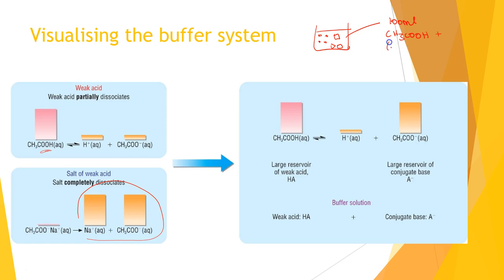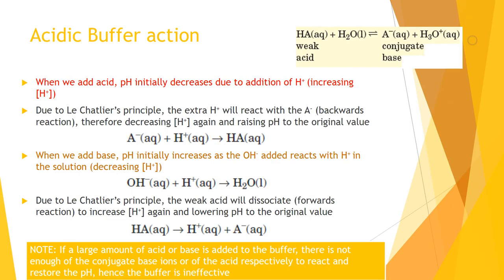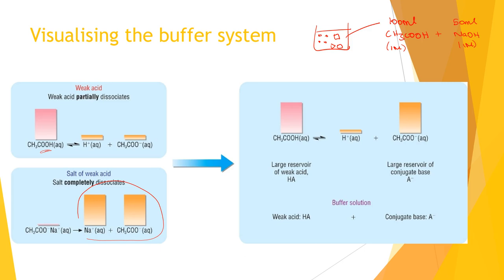Okay, so if this was 1 molar, I could add 50 milliliters of 1 molar sodium hydroxide, and what I would end up with is a 50-50 mix of the salt, CH3COONa, and 50-50 mix of my acid. Okay, so what I did was I started with a lot of acid and I neutralized half of it to get this mixture.